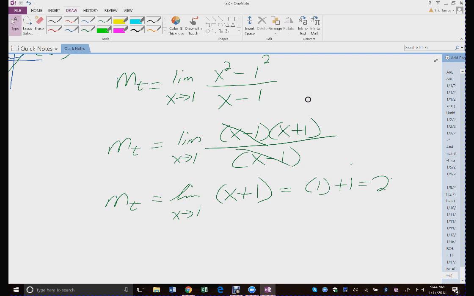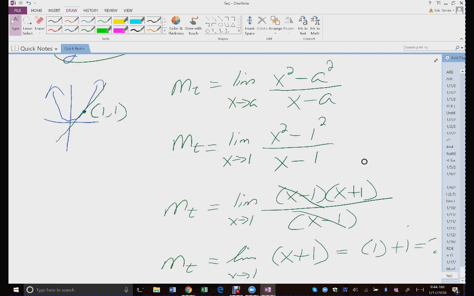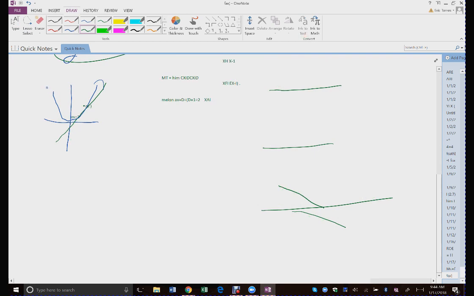So I have found the exact value using the limit definition of the tangent line. So there we go. I've got a point at 1, 1, and the slope of that tangent line is 2. Now, if I have a point, oh, sorry about that. Everything just got erased. Let's see if I can back that up.